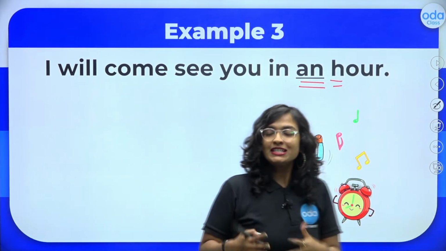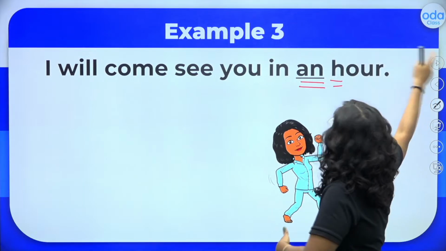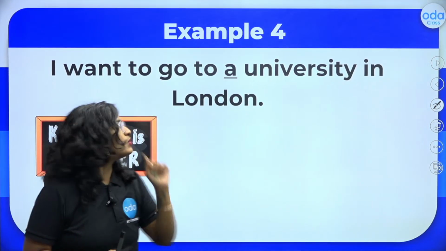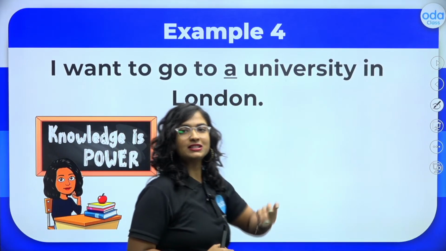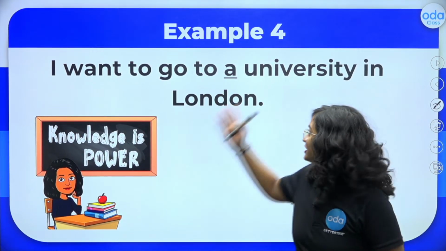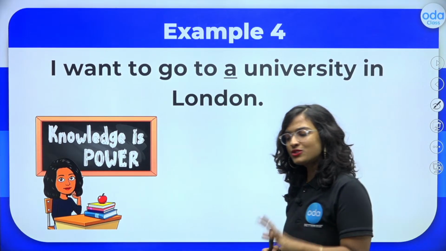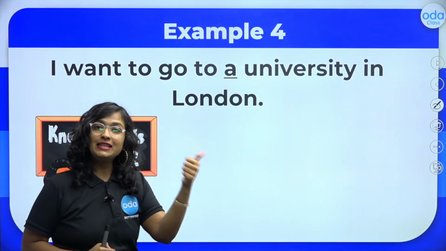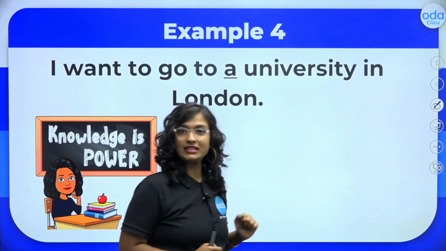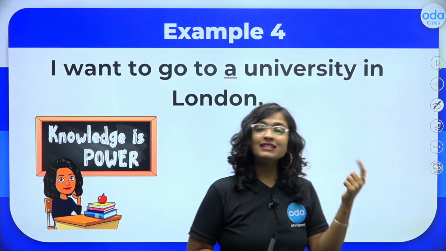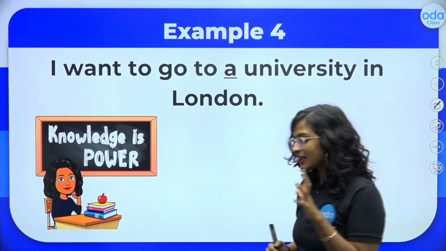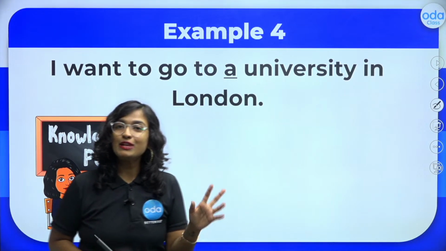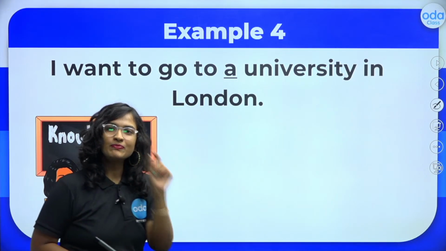Okay, now let me show you an example which is another confusing one, but let me make it easy for you. Okay, I want to go to blank university in London. Now here it is already filled in, but students, think about it and repeat these two words with me. Yellow and university. Yellow and university. And kids, I want you all to notice. Do you think that the first sound in both of these words is identical?